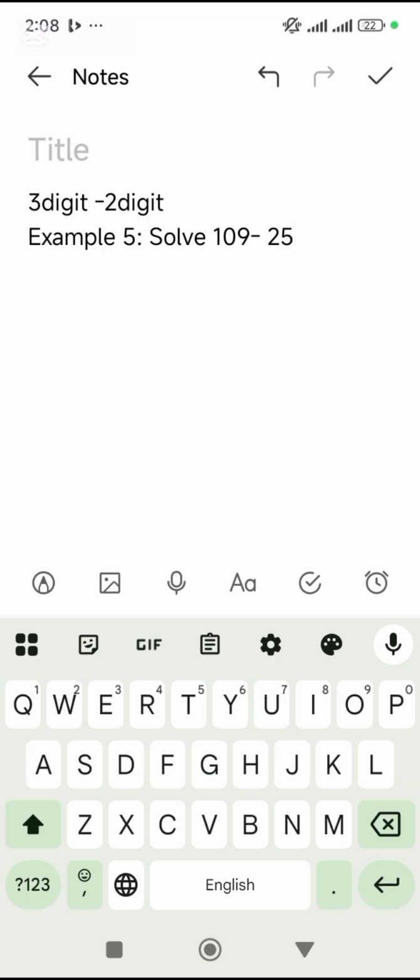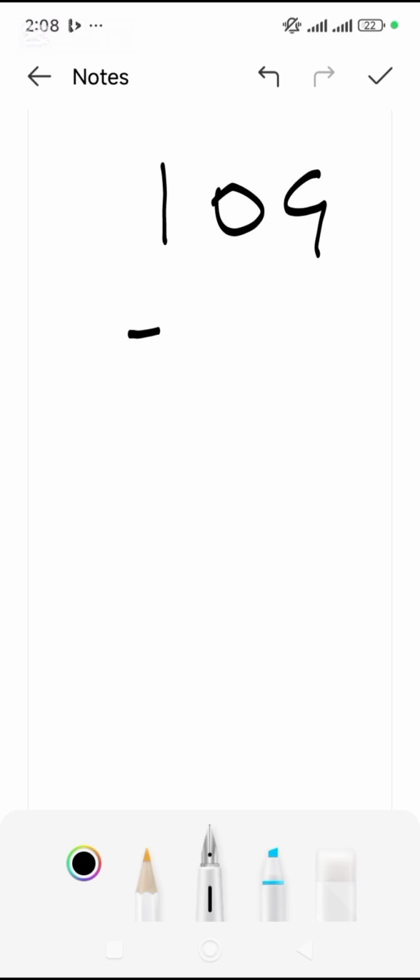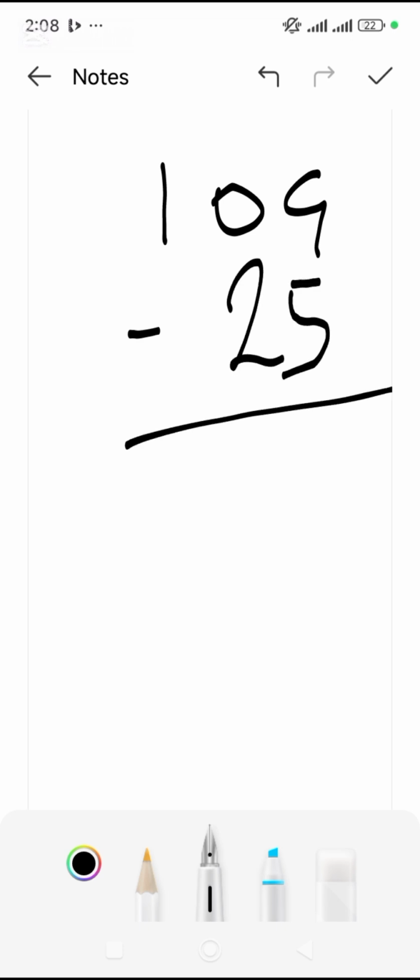Okay, so we can have 109 minus 25. 9 minus 5 is 4. 0 minus 2, we cannot do that. We'll borrow from here, add to this.